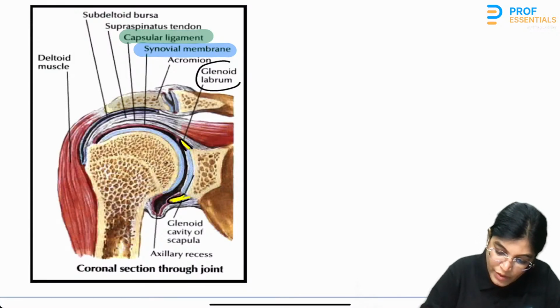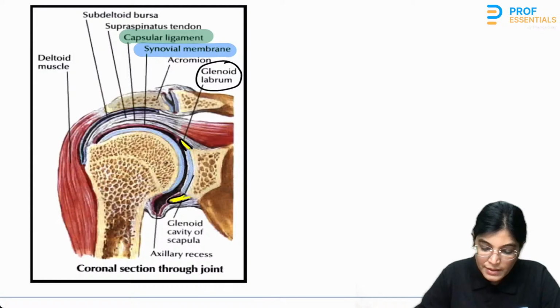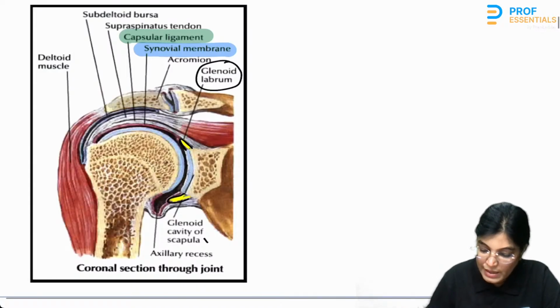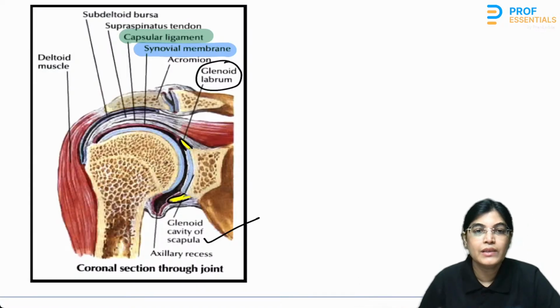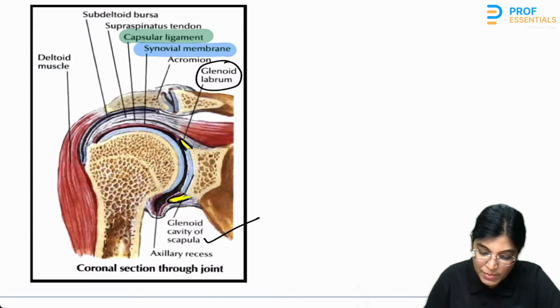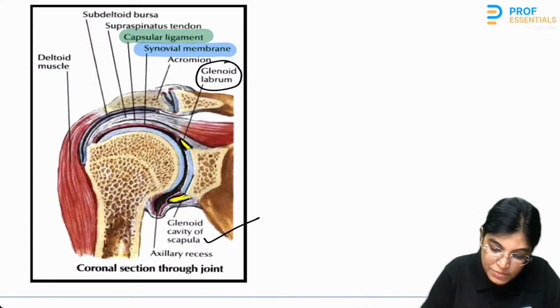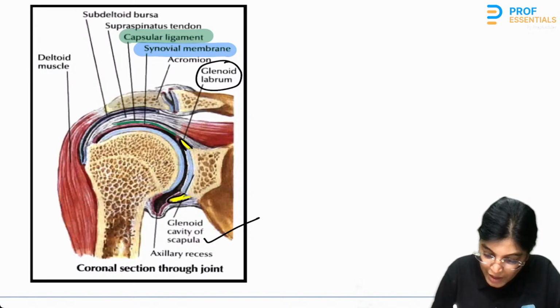In this section we can also see the glenoid cavity, and we can also see the fibrous capsule. Let me use another color so that you can appreciate it. We can see the fibrous capsule here.